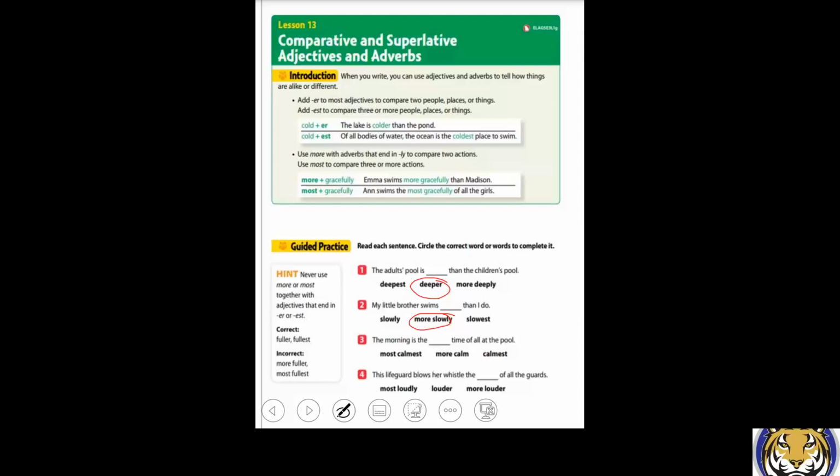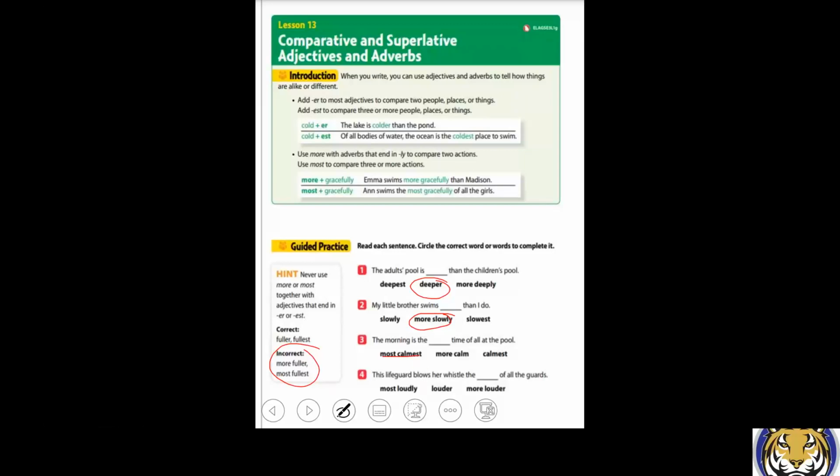Number 3, the morning is the blank time of all at the pool. Most calmest, well, I know that one's wrong because over here it says do not use more or most with words that end in ER or EST. So I'm going to go ahead and eliminate that.